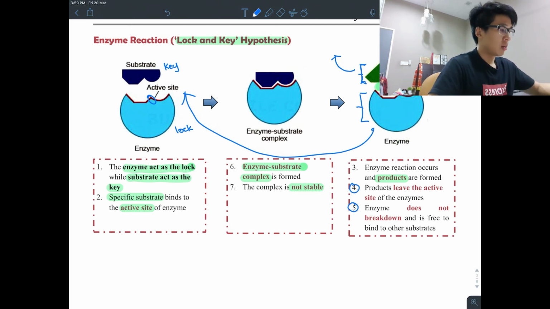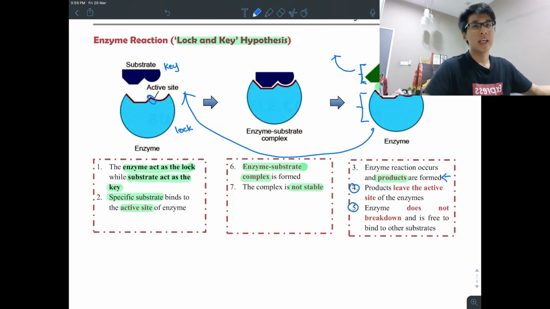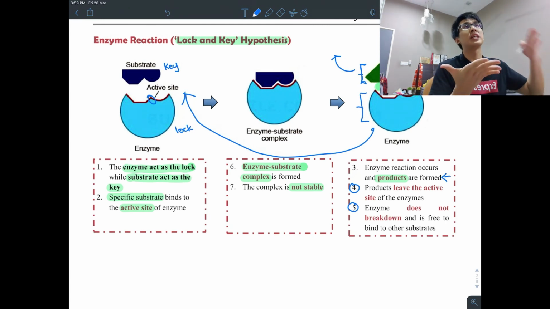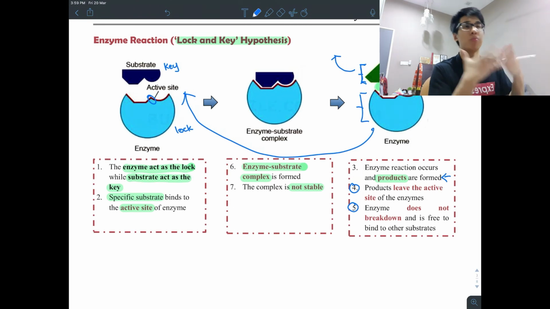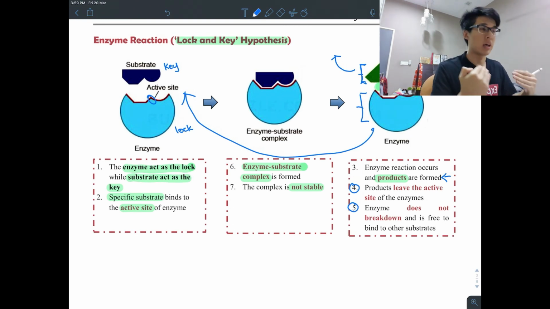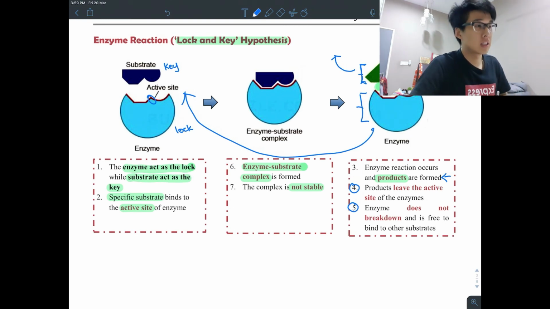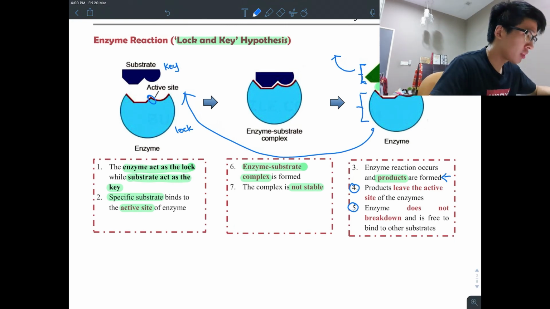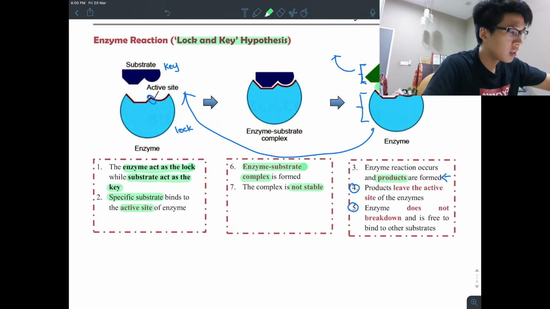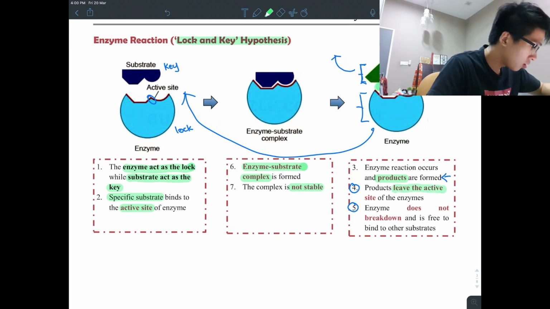A lot of you will stop your explanation at this point, whereby you say the enzyme breaks down the substrate into the products, then you end there. But let's say the essay is 6 to 7 marks. If you write like that, you won't get the full marks. So you must further explain the last two steps, just like I said, the girl is heartbroken and leaves the boy. So here, the products leave the active site.